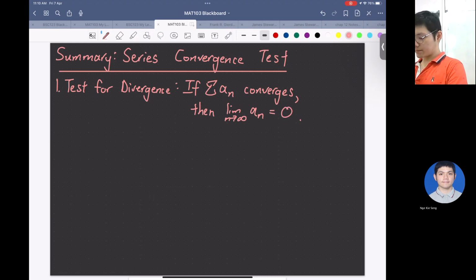This means if you want to have a finite sum, then the term that you have should diminish to 0. Makes sense, right? We also proved it as well. Already proven.